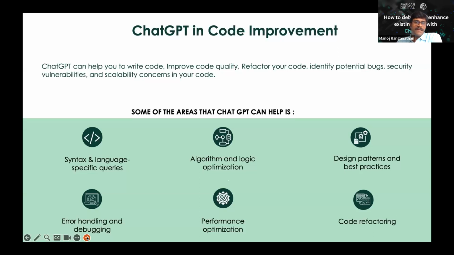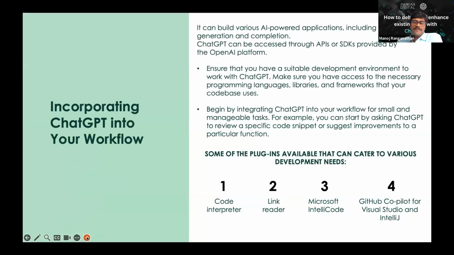Error handling and debugging is another area which is critical for most of our development, especially in a production environment where it is difficult to replicate issues in lower environments. If you're encountering errors or debugging issues with your code, you can describe the problem to ChatGPT and it can provide suggestions to identify the root cause of the issue. These are some of the use cases, and we will also show a demo in the next couple of minutes.